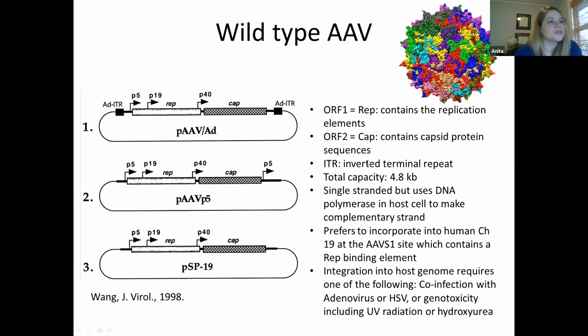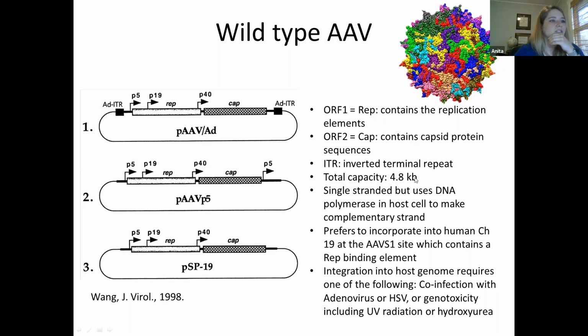It contains the capsid protein sequences. And the other thing that's important are these inverted terminal repeat sites. I'll talk a little bit more about how they're used, but these are basically the obligate genomic material that you need. The others can be supplied in trans, which we'll talk about what that means.